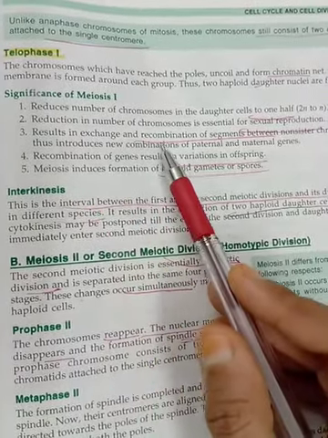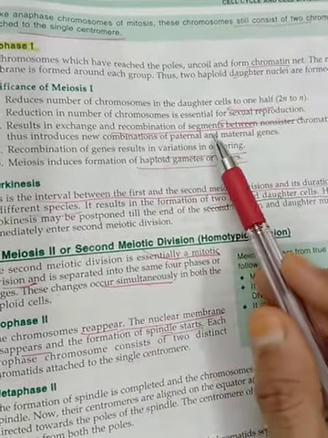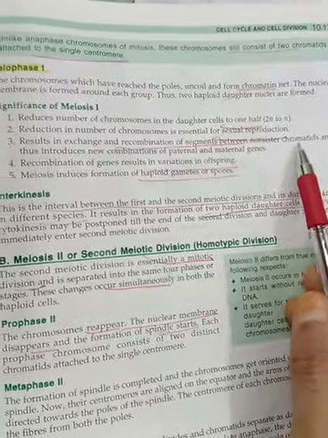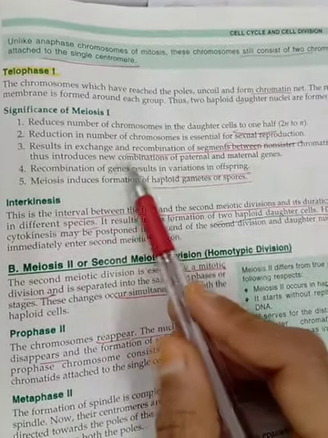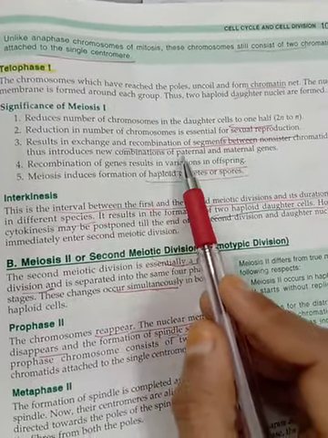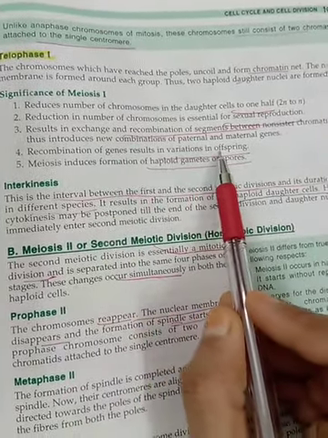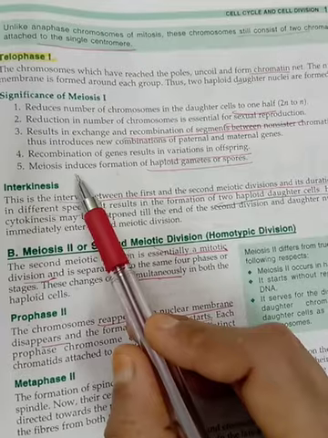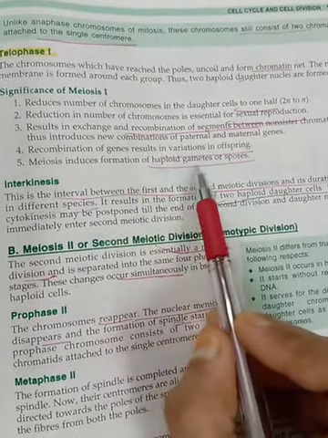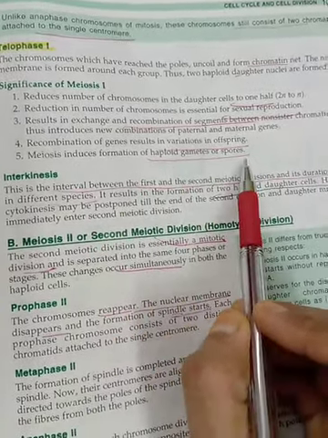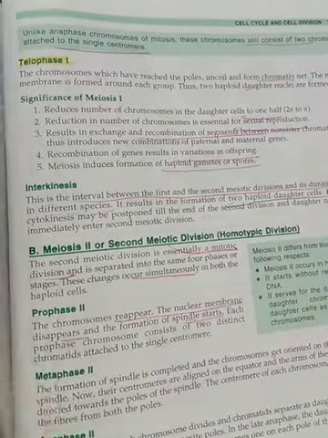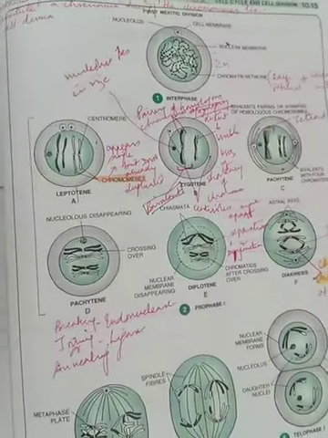It results in exchange and recombination of segments between non-sister chromatids, and thus introduces new combinations of paternal and maternal genes. Recombination leads to variations in offspring, and meiosis induces formation of haploid gametes or spores. So till here we have discussed meiosis 1, children.